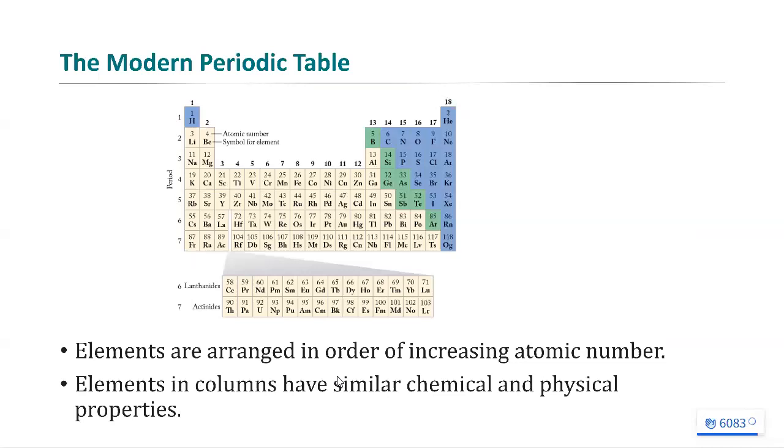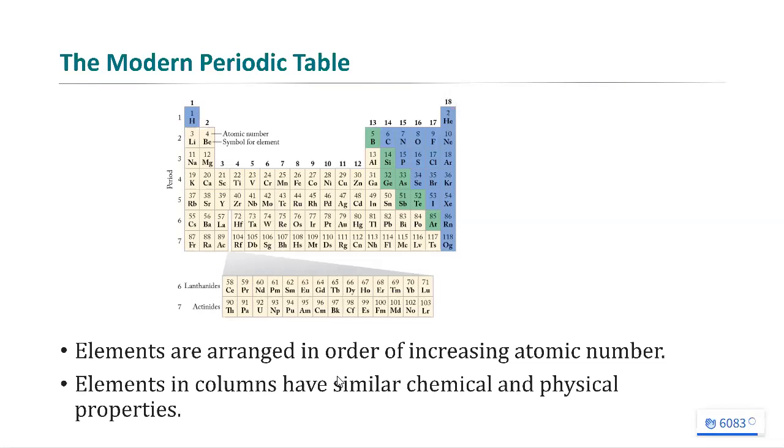Now, in the days since Mendeleev, we've come a little bit further along. In the days of Mendeleev, there was no idea about protons or electrons. We just had masses. But what we're able to do with more information is recognize, okay, it actually isn't mass that we need to arrange ourselves by, but rather atomic number.